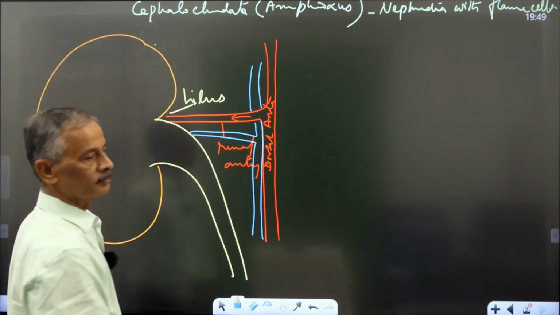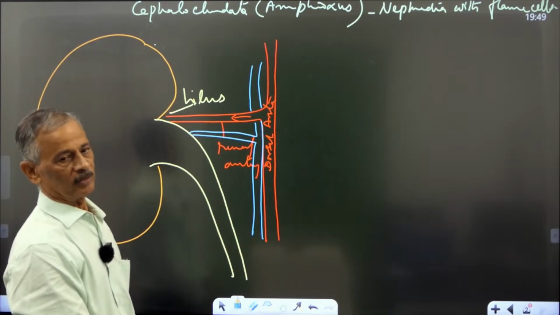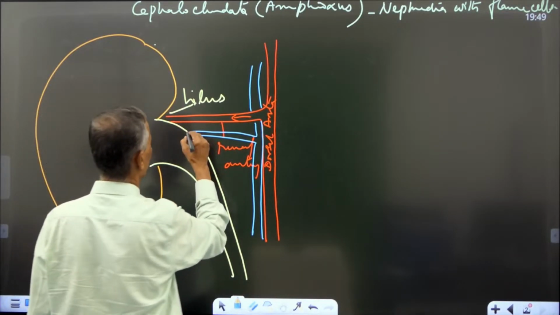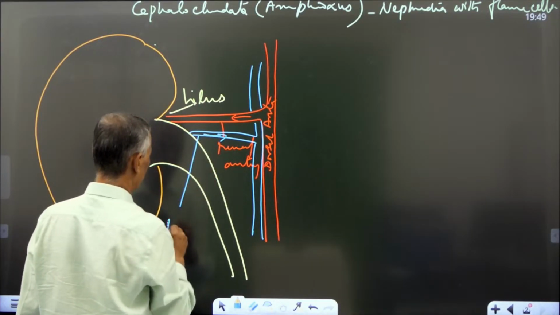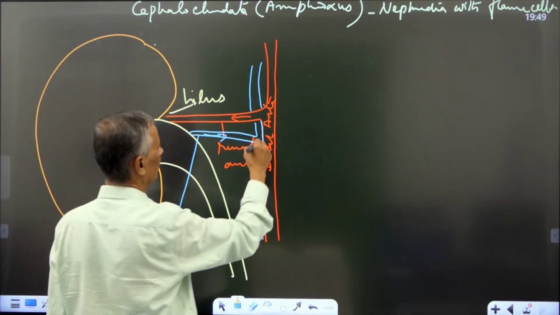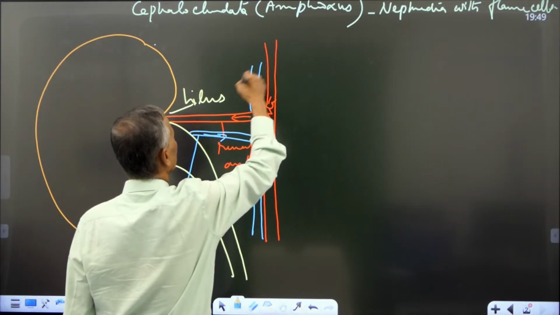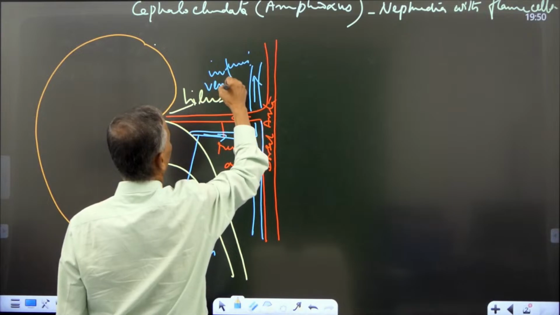After purification, after filtering out the waste material, blood is taken out through the renal vein, and the renal vein joins the inferior vena cava.